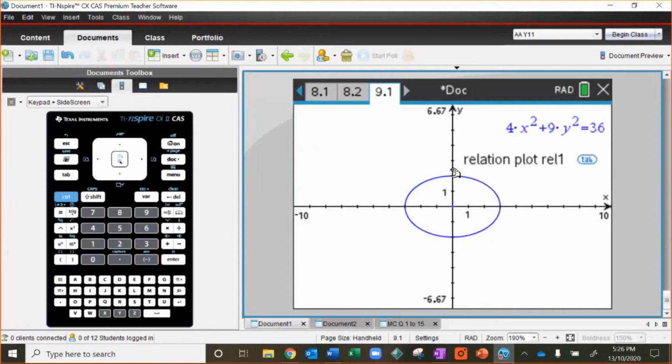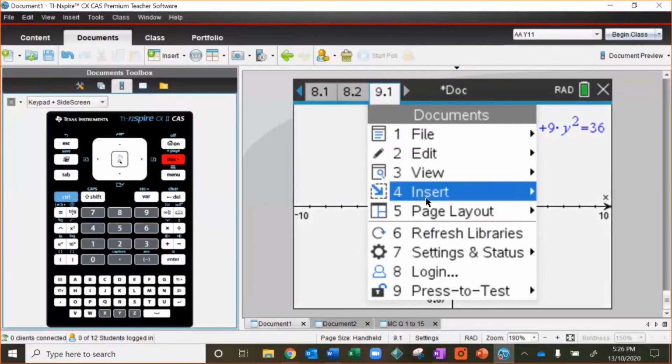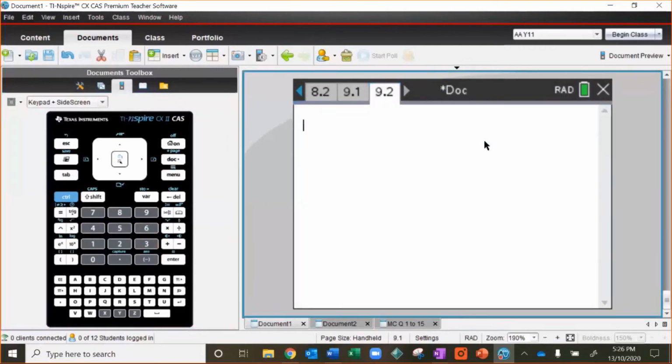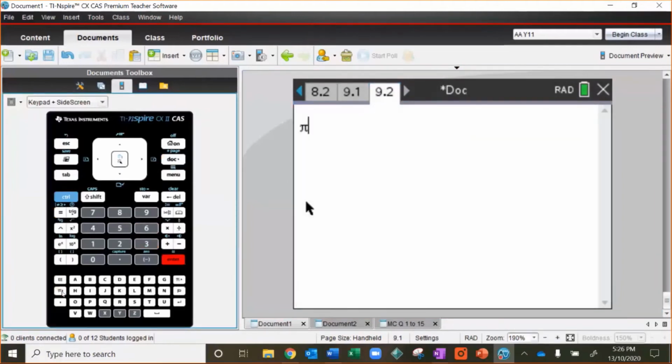So it is an ellipse which cuts the y-axis at 2. So now we can use the calculator page and we put pi first because it is volumes of revolution. So you need to remember your formula.